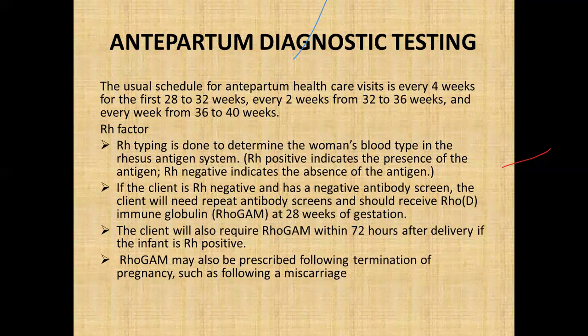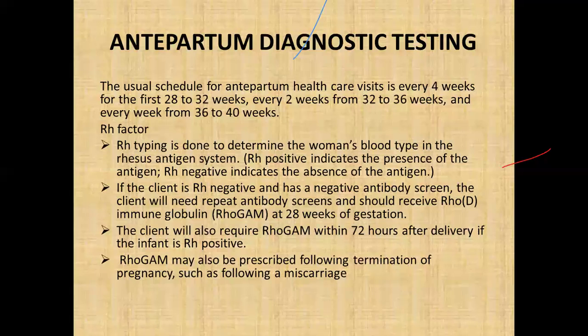Okay, and so we need to understand what we call rhesus, and it's important. And so what the NCLEX will ask us is that during pregnancy, when you test the mother and the mother is negative, what do you do? You have to wait again until 28 weeks of gestation. You do the test again.